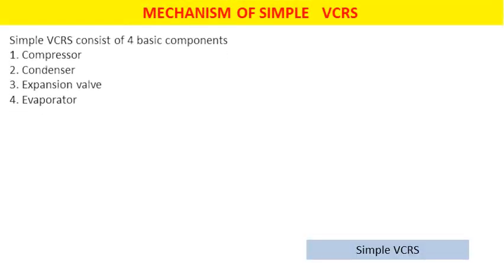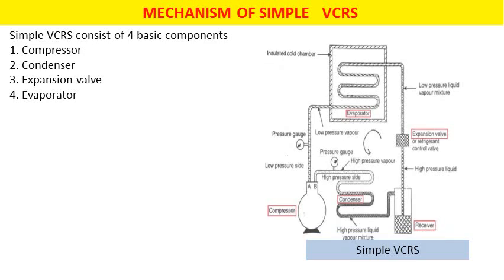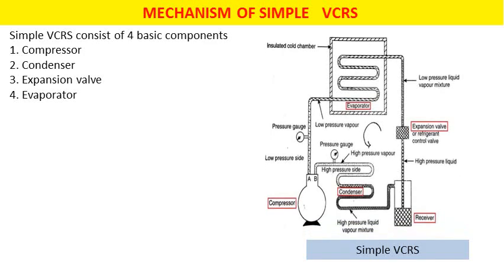Now we will see what are the basic components of the VCRS. There are four basic components of the VCRS, that is compressor, condenser, expansion valve and evaporator. We will start with point number 1, that is compressor. Now what is the function of the compressor in VCRS?